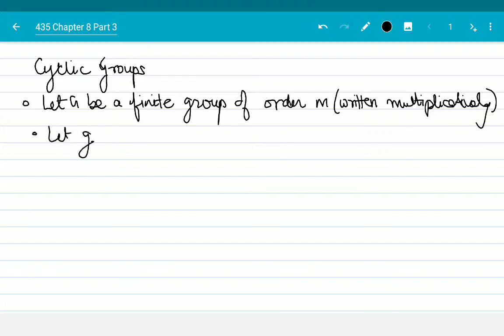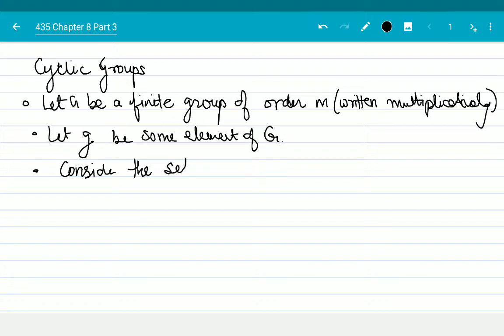Let g be some element of G. Then consider the subgroup generated by g, which is the set g to the 0, g to the 1, and so on.